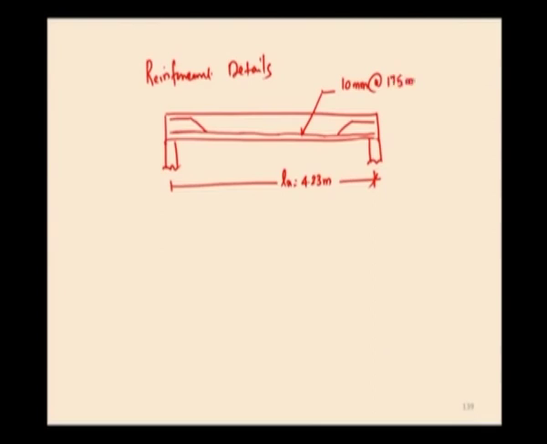175 mm center to center, and the reinforcement perpendicular to the direction of the 4.23 meter length, that is along 5.23 meter, is 8 mm dia at 175 mm center to center. In this case, we also need to design the torsion reinforcement.